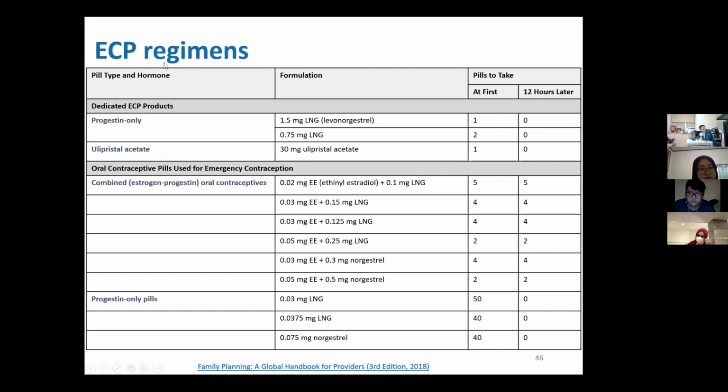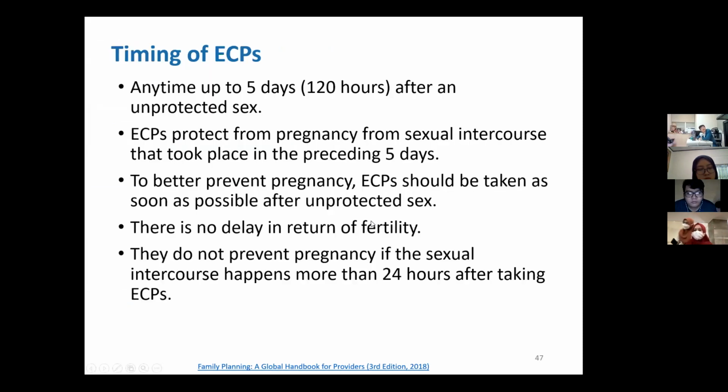Okay, there's an ECP regimen. They have a progesterone-only pill, or a combined estrogen and progesterone pill. There's a different combination, different company, different medication. The timing is up to 5 days after unprotected sex, but I will recommend as soon as possible.